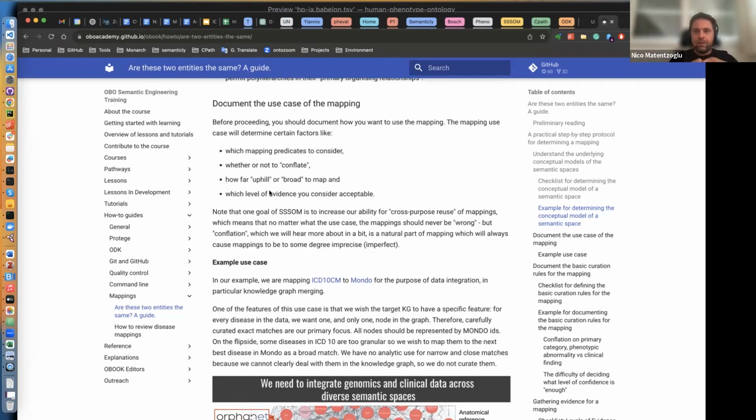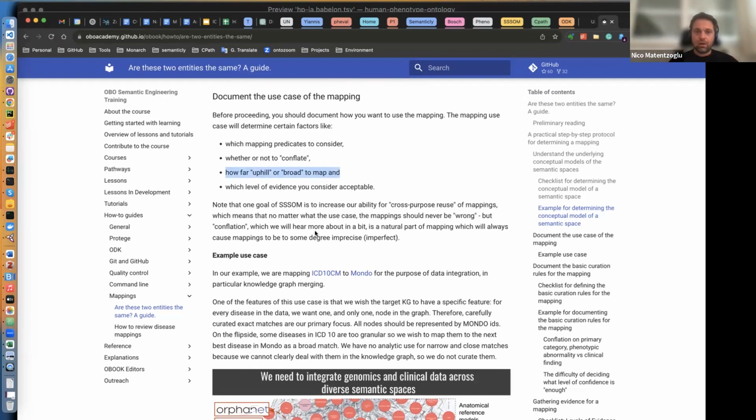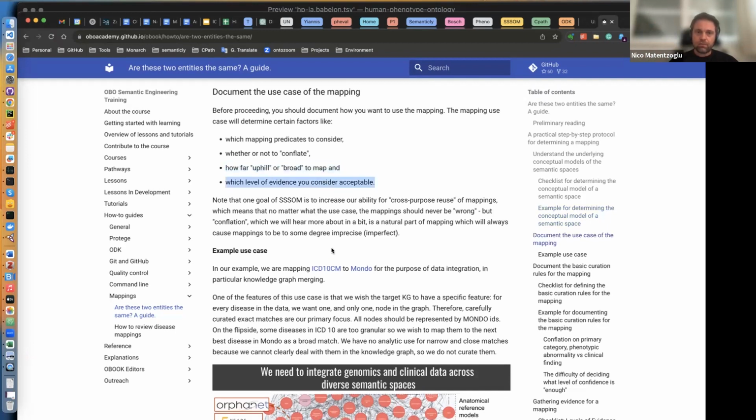For example, Sue, I don't know whether she's here today, is asking how far broad a mapping is still useful to the people that are using the mapping, for example for data science tasks, and when does it get so broad that it is mostly irrelevant? This is also dictated by the use case, how far you want to go. And also which levels of evidence you would consider acceptable.